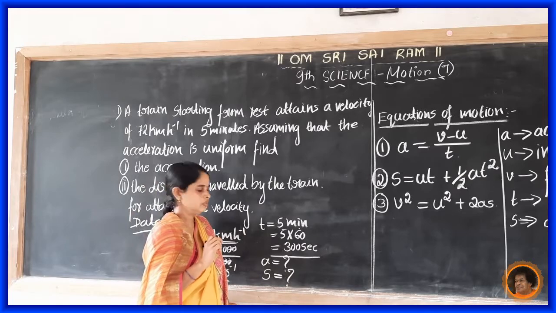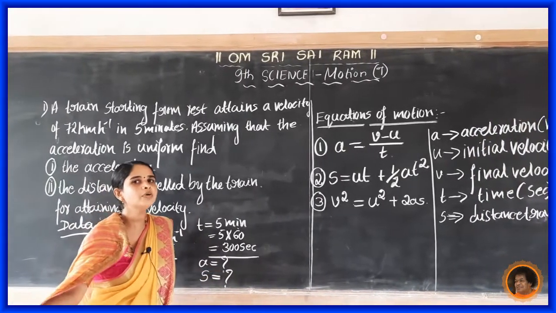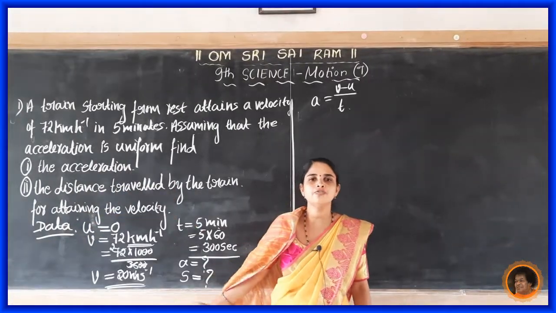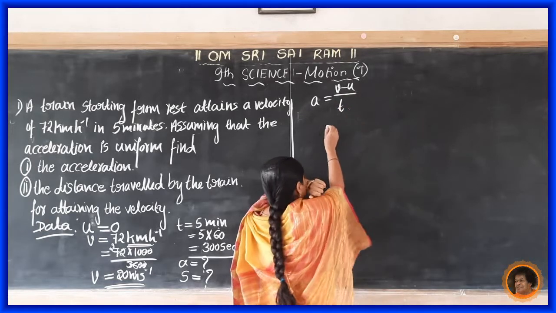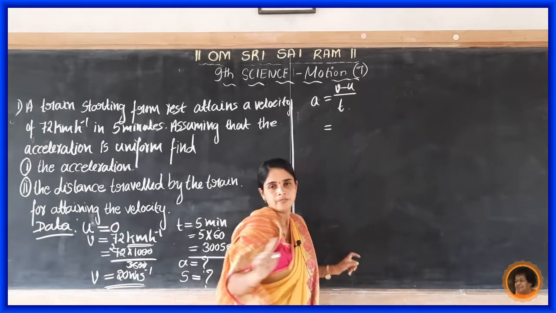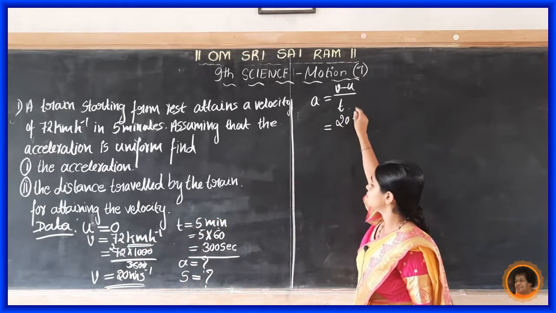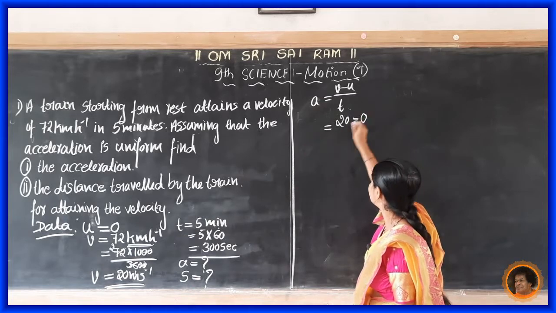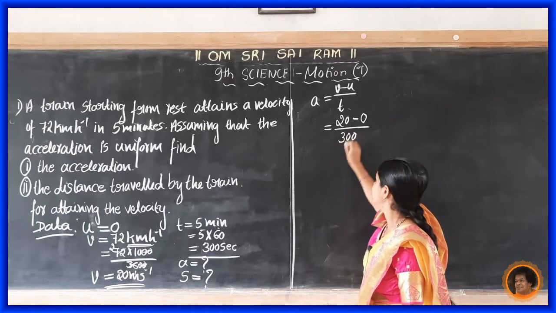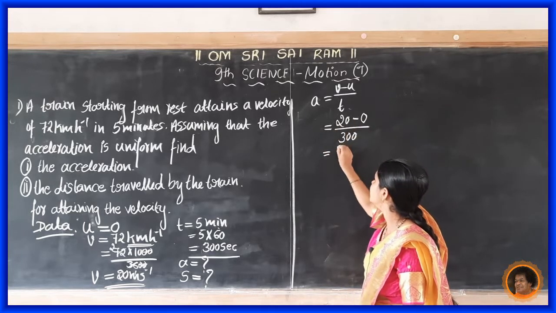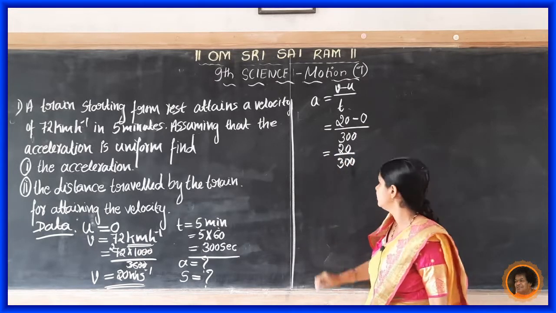First find a. Acceleration formula: a equals (v minus u) divided by t, equals final velocity 20 minus initial velocity 0, divided by t, 300 seconds, equals 20 divided by 300.